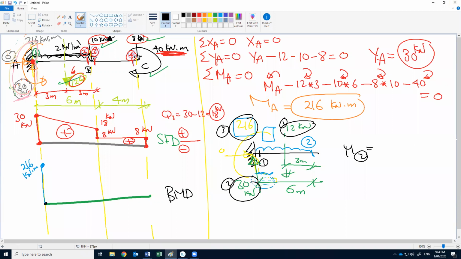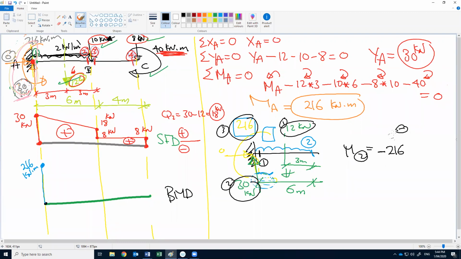So we have 216, with no distance, negative, because it's already a moment. Why negative? It's counterclockwise, so it should be positive, my apologies. But we said here we don't have the same rule, because we have above and below the datum.